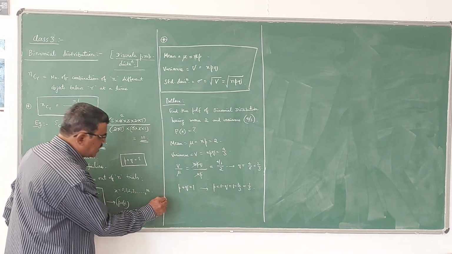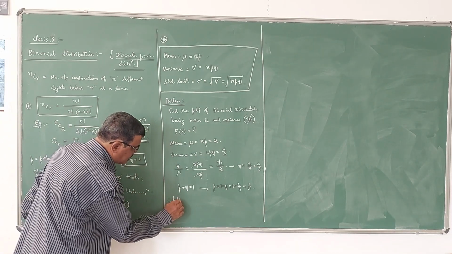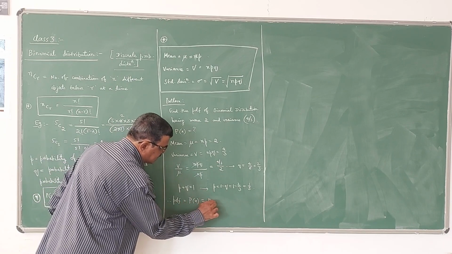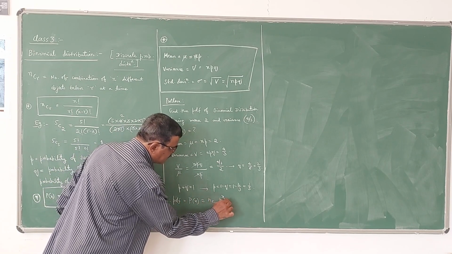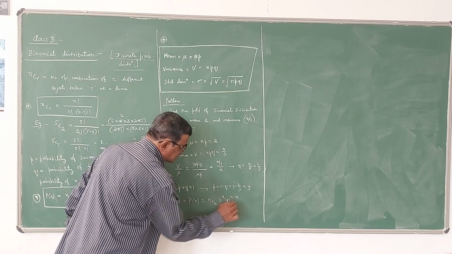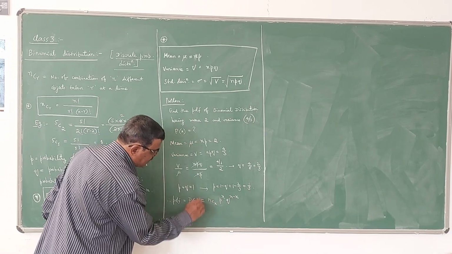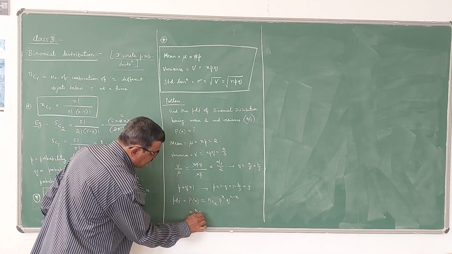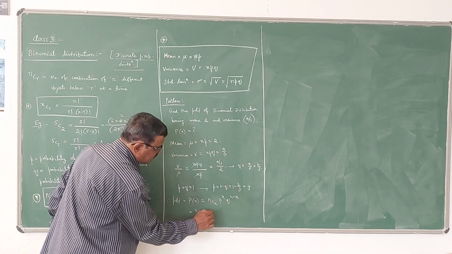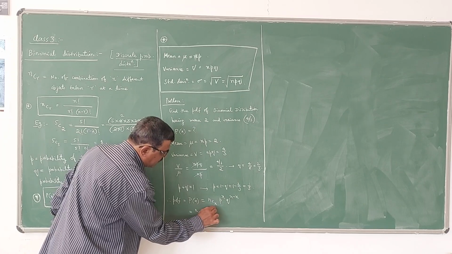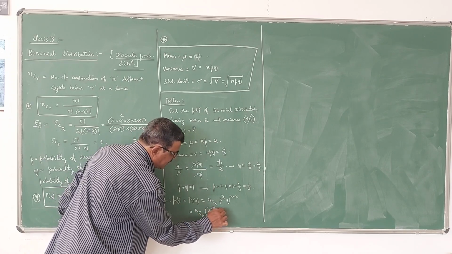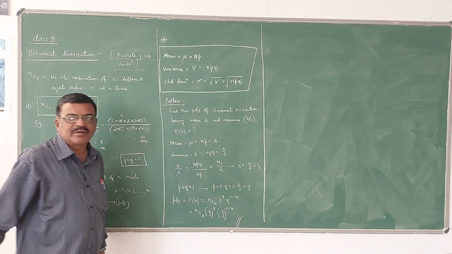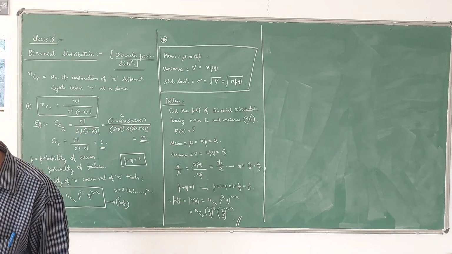So therefore your PDF of binomial distribution is given by P(x) is equal to nCx p^x q^(n-x). So n, the number of events, remains as it is. nCx into p, which is 1 by 3, to the power of x, q is 2 by 3 to the power of n minus x. So this is the probability distribution function.